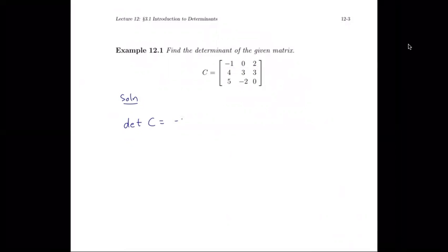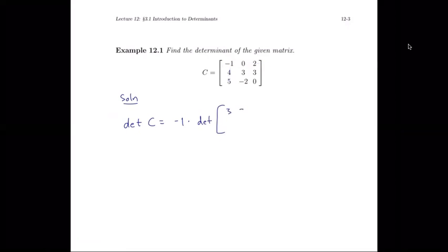And I'll do -1 times the determinant of, in our matrix here, -1's minor, which is the matrix that occurs by putting together the entries in their arrayed order that are not in the same row or same column as that entry. So 3, 3, -2, 0.